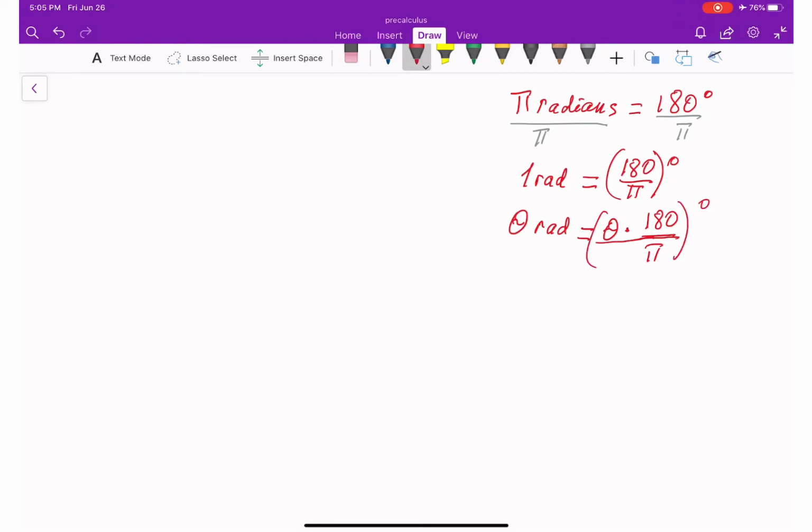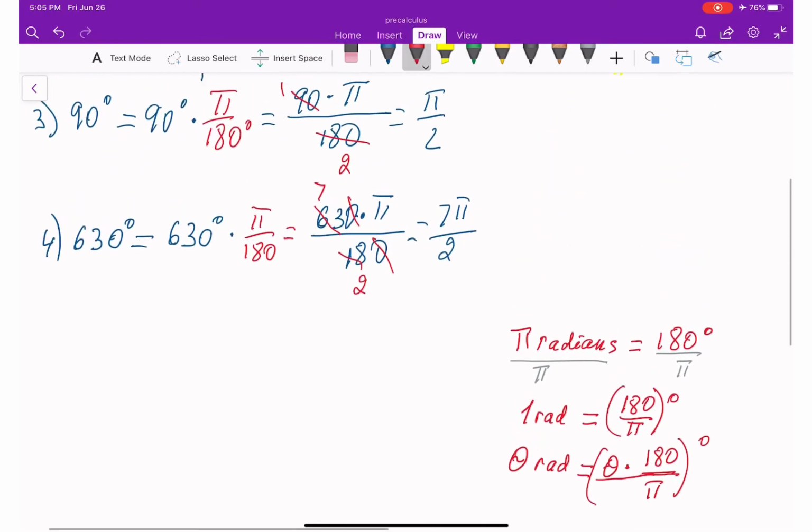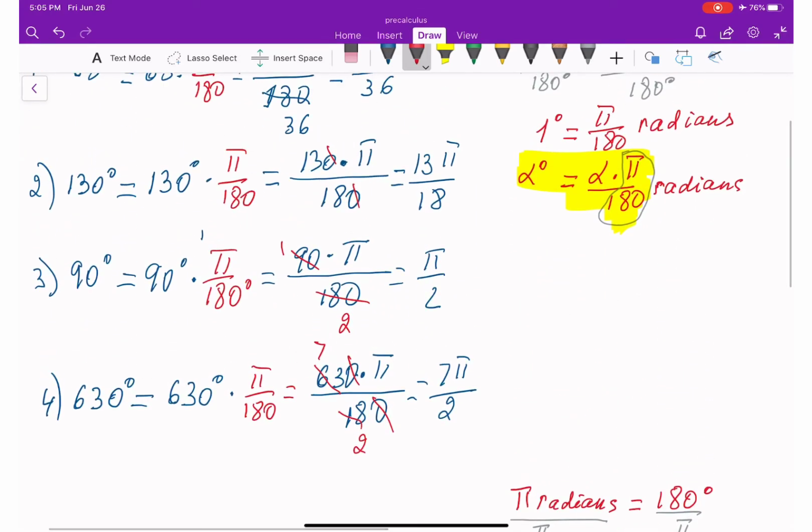Pay attention to what is interesting here. Let me compare to what I have here. If I want to convert from degree to radian, I need to multiply this degree by pi over 180.